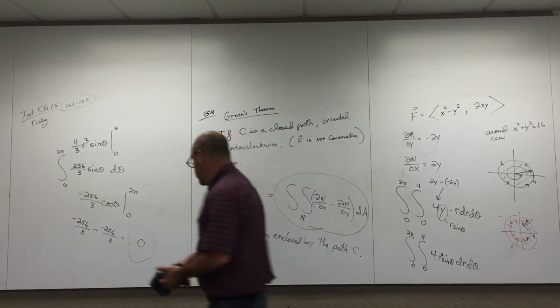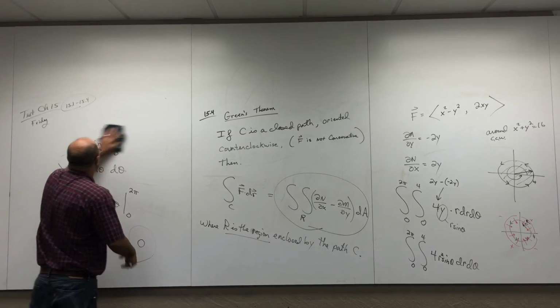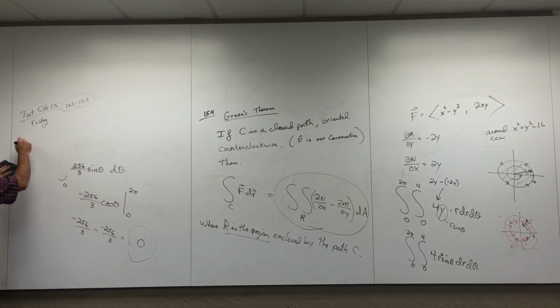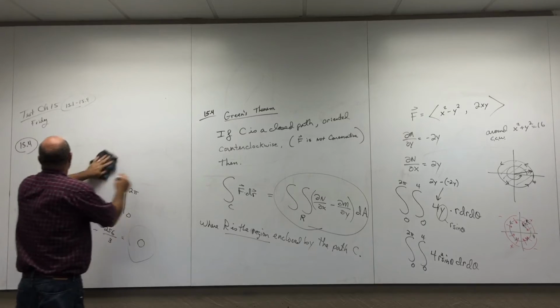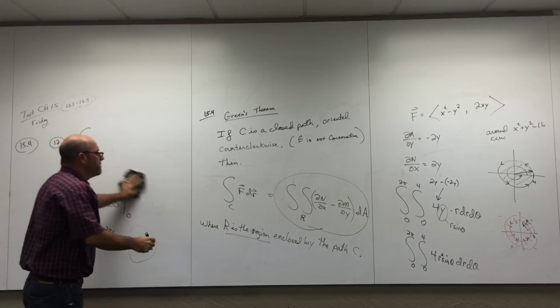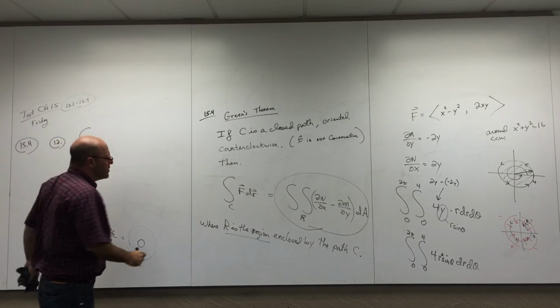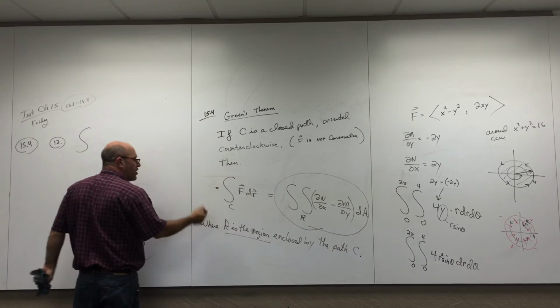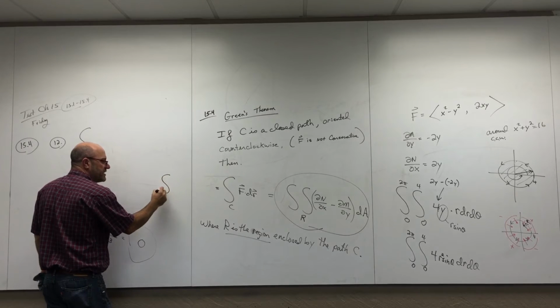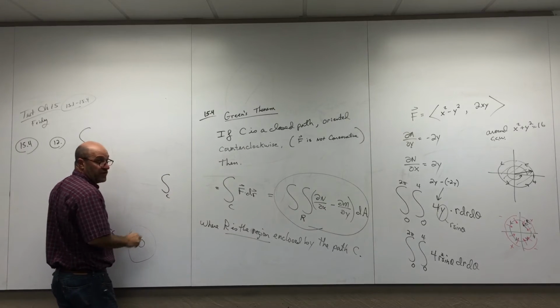Here's another one. This happens to be number 12 in the book. I'm in 15.4. And this happens to be number 12, which gives me this integral. By the way, I keep talking about this integral. This is our work integral. Last class I told you that sometimes it's presented in an alternative form.